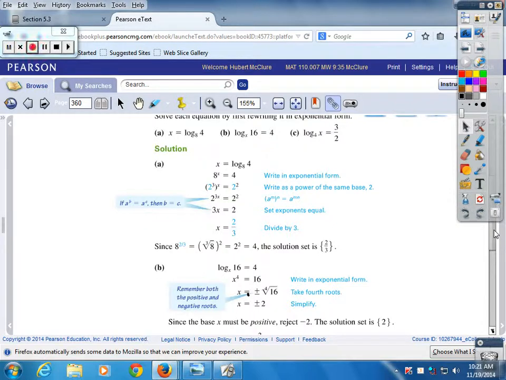Okay, they said the power rule. No, the power rule is right here. If A to the B is equal to A to the C, in other words, if the bases are the same, what are the exponents? They're equal to each other.